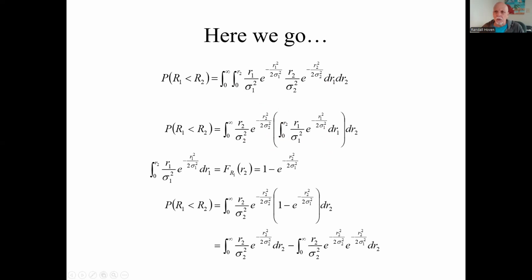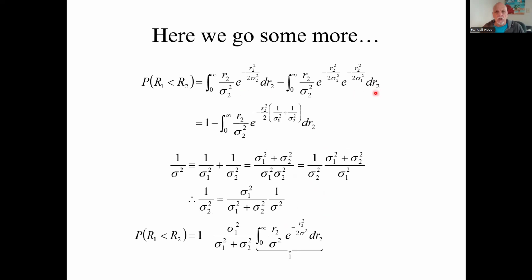And when you do that, you're actually taking the CDF evaluated at R2. So this is what's up in these parentheses. So now we're to this. And we can break that up because you've got a 1 times this minus all this times this.